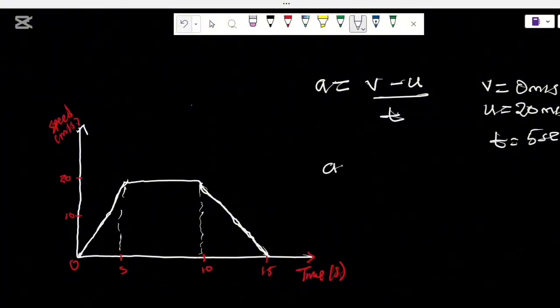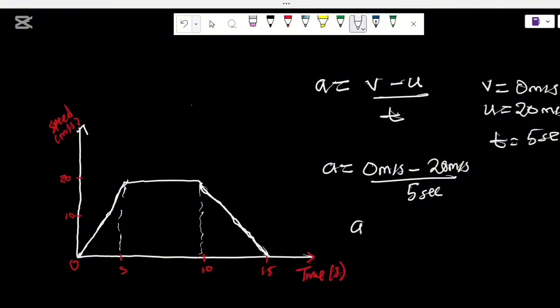So the negative acceleration is going to be, what is the final velocity? Notice that it is 0 meters per second, minus the initial velocity in this case is 20 meters per second. And the time is still 5 seconds.